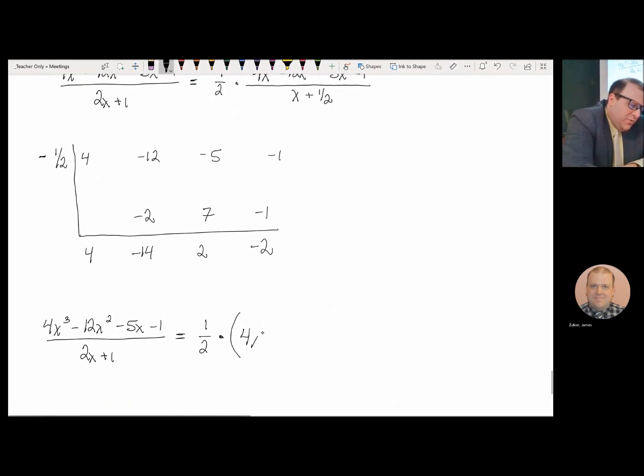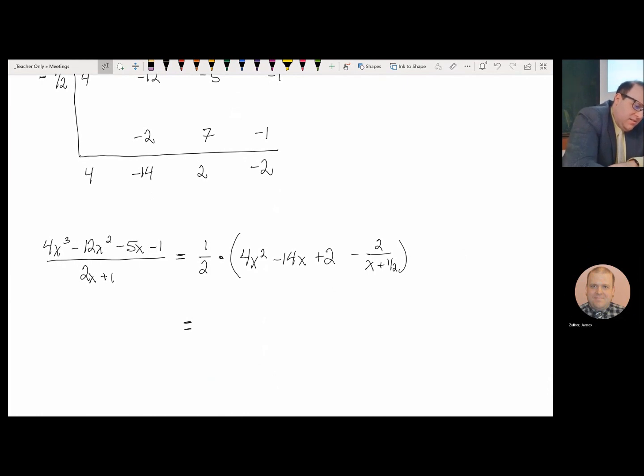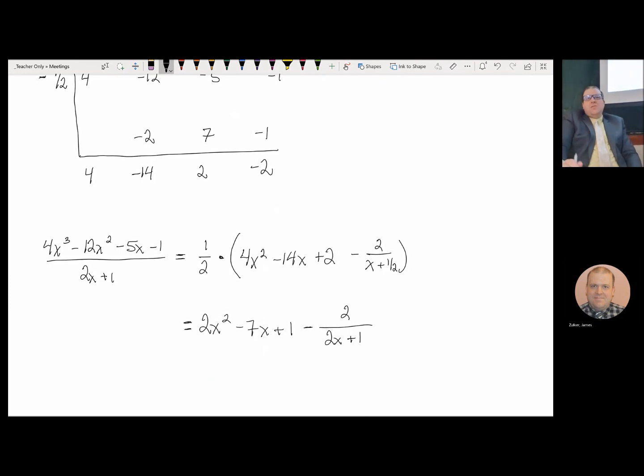Degree is going to be 2. 4x squared minus 14x plus 2 minus 2 over x plus 1/2. Distribute that 1/2 through. 2x squared minus 7x plus 1 minus 2 over 2x plus 1, which is what we wanted.